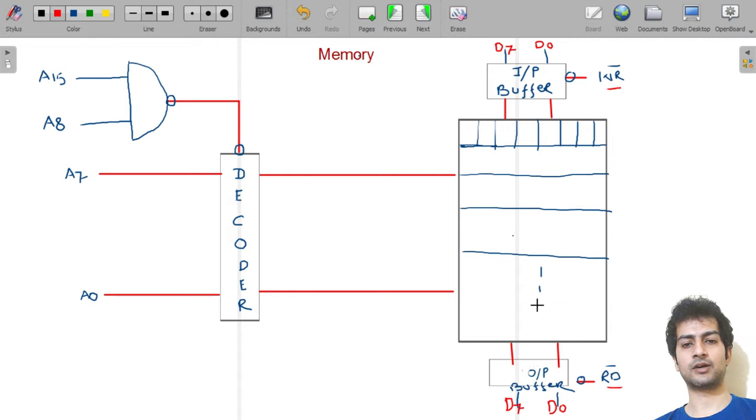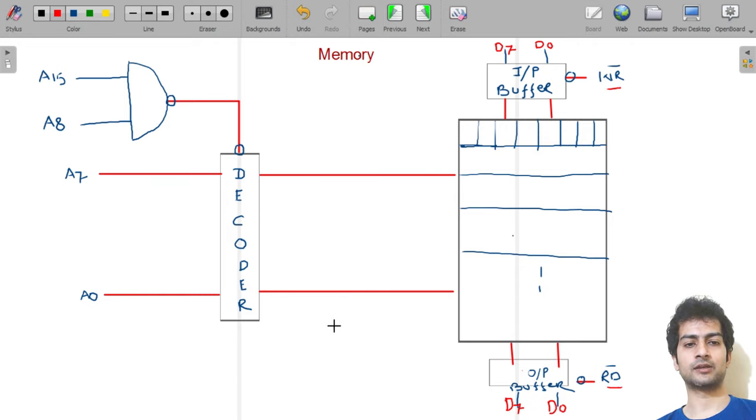Similarly, when reading data from memory, the data will first come from memory to the output buffer, and when the microprocessor activates the read bar signal, the data will move from the output buffer to the microprocessor.